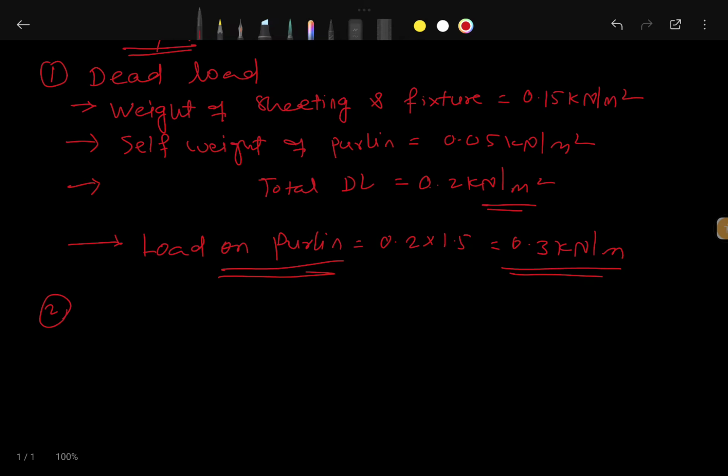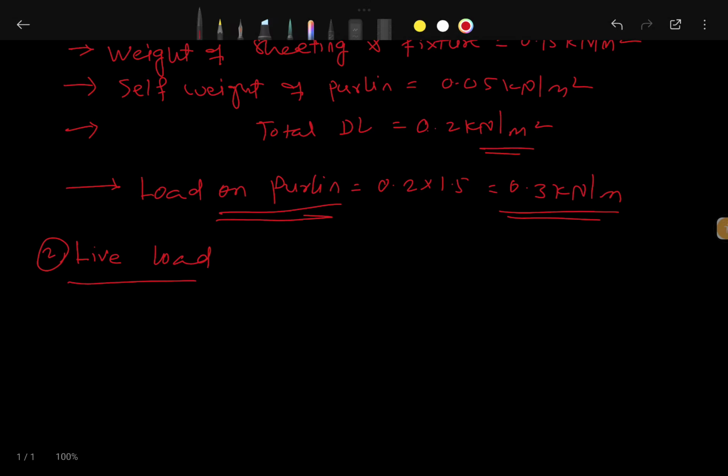Second point, live load. For live load, according to IS 875 part 2, the minimum roof live load is given as 0.75 kilonewton per meter square.